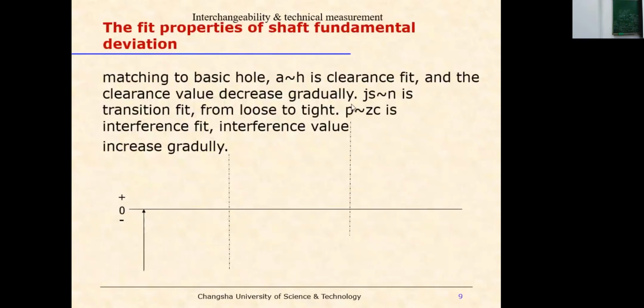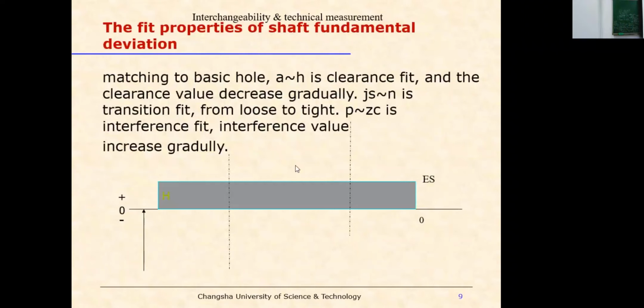Okay, so this is the whole basic. It means that this is zero. That's for the combo. The two basic systems are the whole basic and the shaft basic.